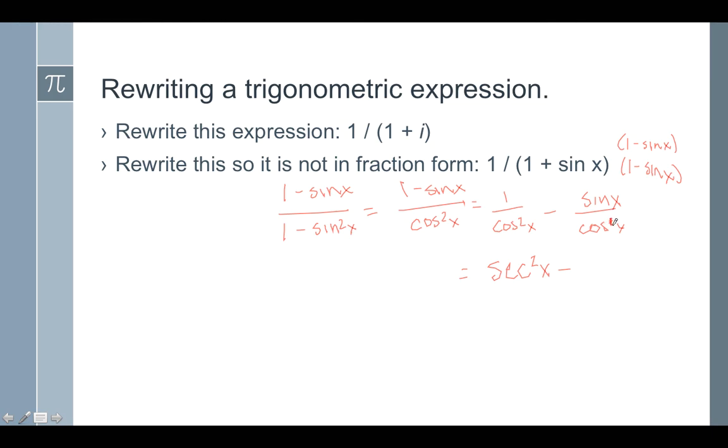So let's take that apart and make it 1 over cosine over here. So I still have sine over cosine squared, and sine times sine over cosine is tangent, and 1 over cosine is secant of x.